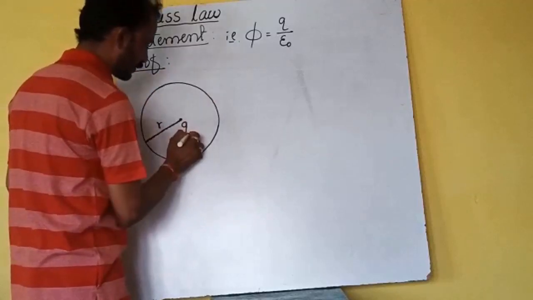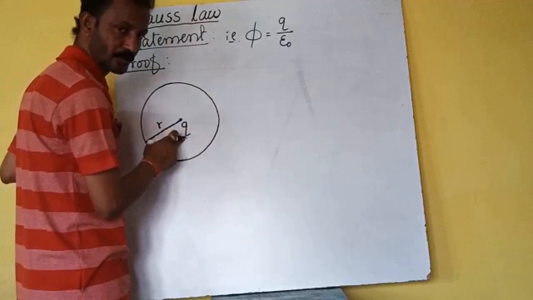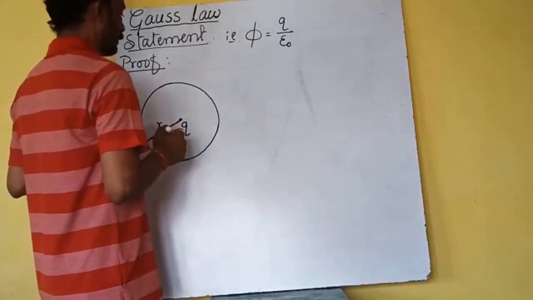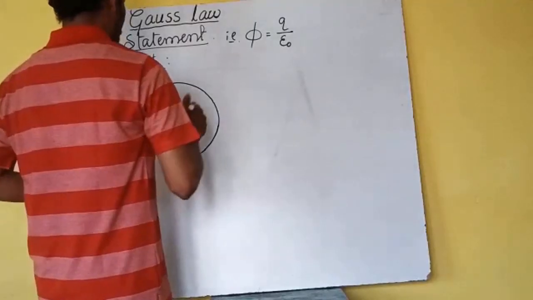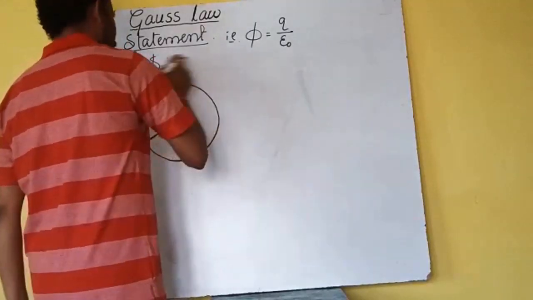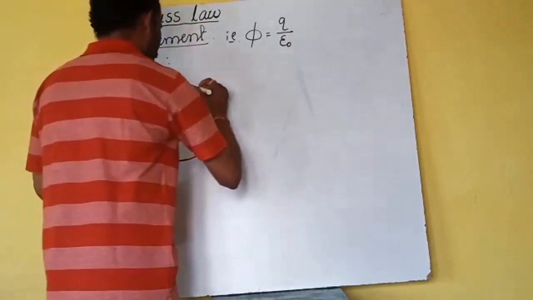Consider a sphere of radius r enclosing a charge q at its center. Divide this sphere into small area elements delta S as shown in the figure.